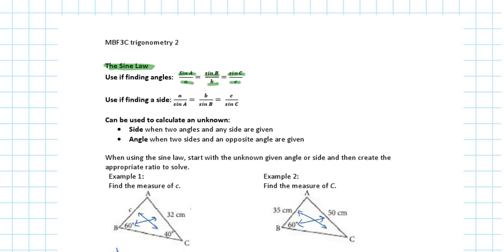So you see that the angle is on the top. The other formula, which is A over sine A, B over sine B, C over sine C, we use that when we are looking for a side. So this formula is when we're looking for an angle. This formula is when we're looking for a side. Okay?